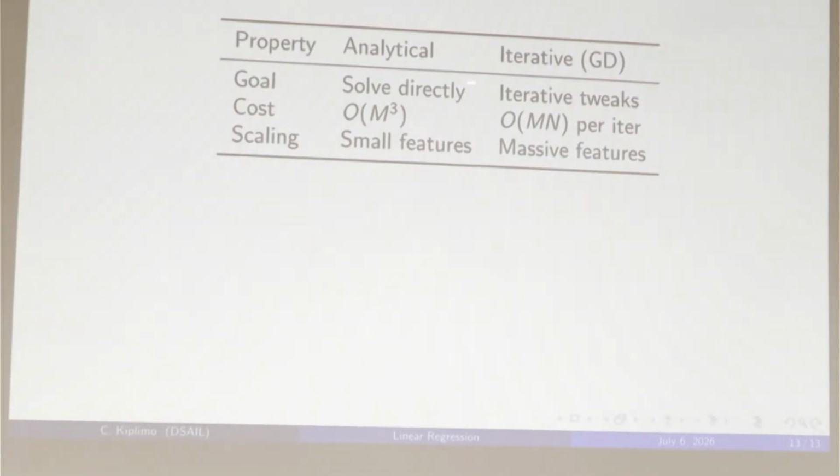The analytical approach looks tempting, but for the reasons you've already stated, sometimes it will fail and sometimes it will take a long time to run because of this complexity issue, O of m cubed versus O of m. If m is equal to n in this case, then it's O of m squared.